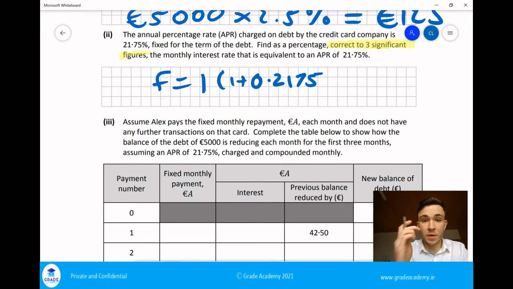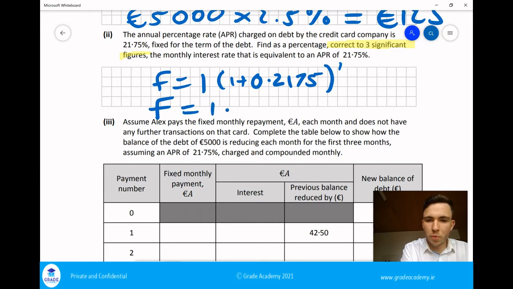So I'll write that as a decimal, and we're investing it for 1 year. This is already an APR, so we can write our t as 1. So our F is going to be equal to 1.2175 when we throw all that into our calculator.